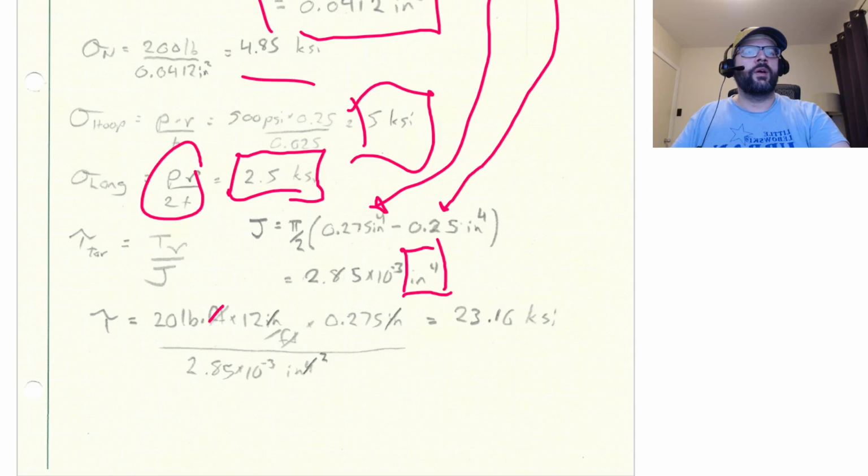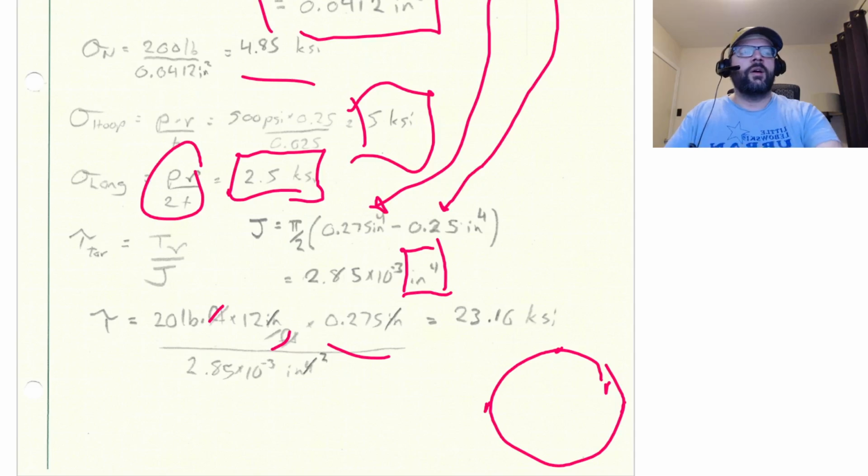So throw in the conversion factor of 12 inches per foot, cancel out your feet, and then times the 0.275 inches, that is the outer radius, because we always know that the maximum shear stress when torsion is applied always happens on the outside skin of the very most outside radius of the thing, because it's directly proportional to the strain, and the strain increases linearly from the center of rotation.